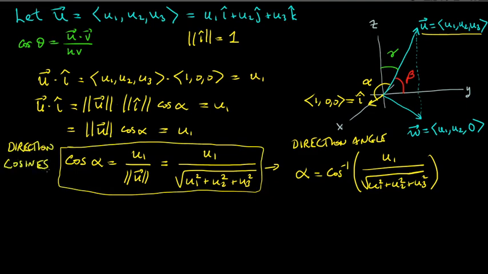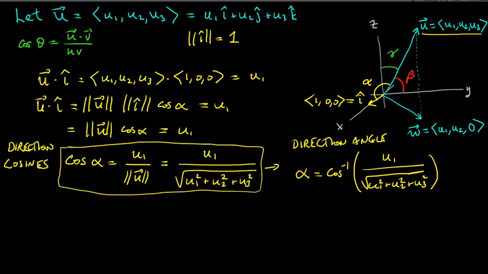And once you have the direction cosine, then you can find the direction angle just by taking the inverse function, the inverse cosine, right? So that answers the question, how do you find the angle between the vector u and the x-axis? That's the angle alpha here.